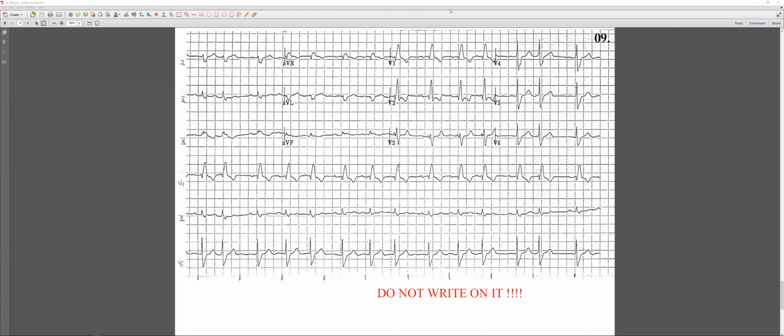I can try. Okay, all right. Okay, cursor. It's yours. Okay, there we go.